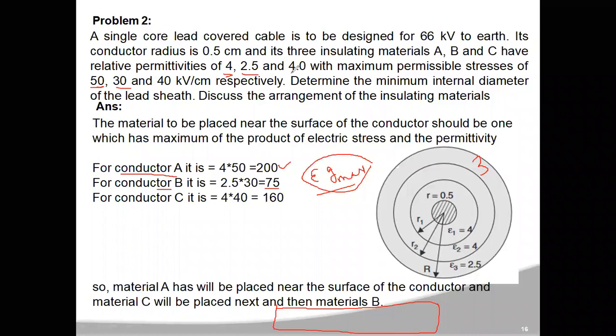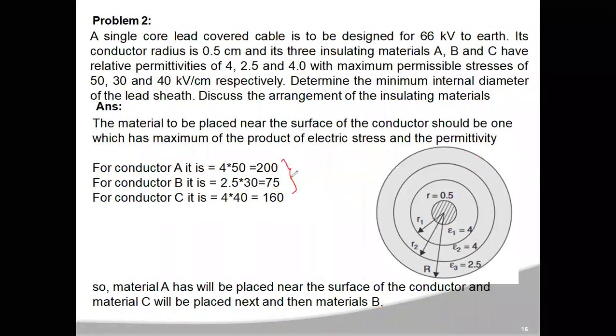For C it is 4 and 40, so 4 into 40 is 160. Now from these products, which material has the highest product? Material A has 200, material B 75, material C 160.